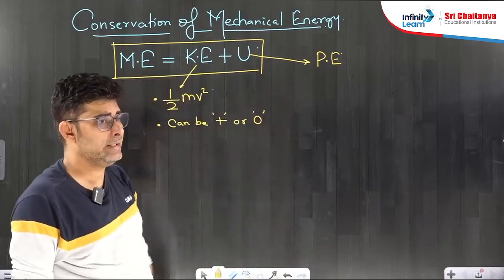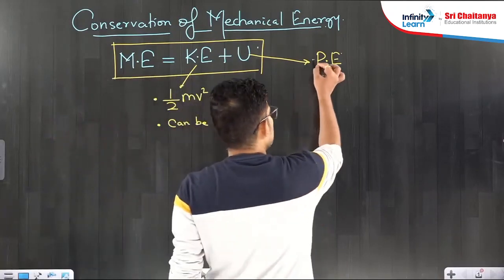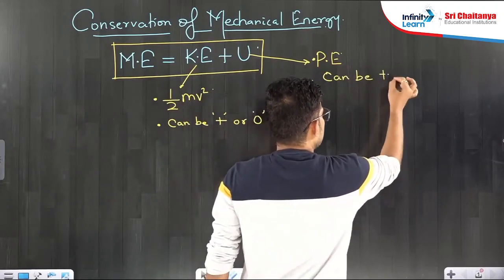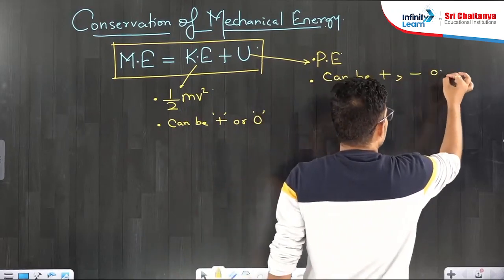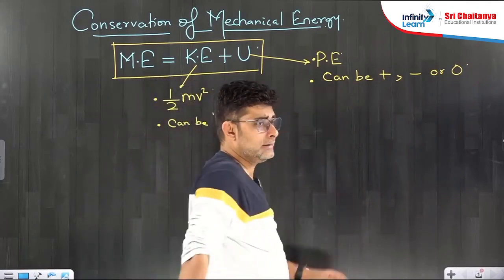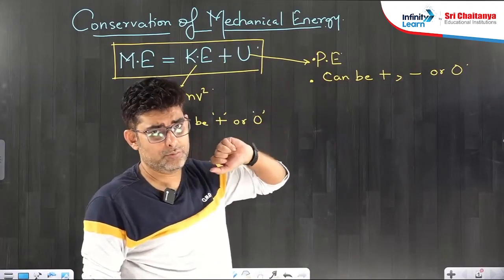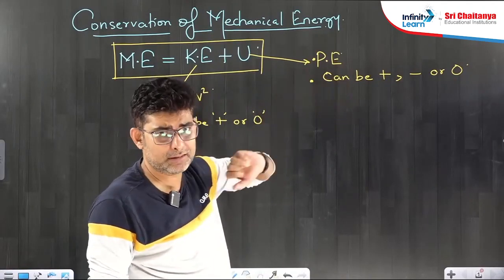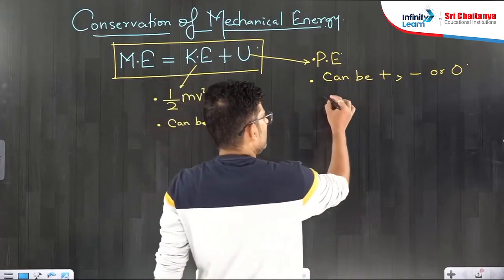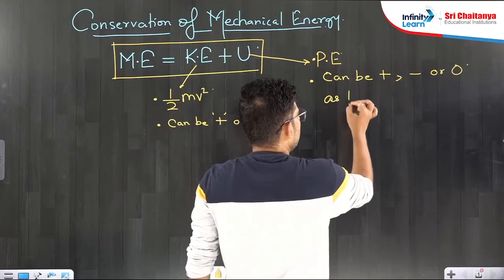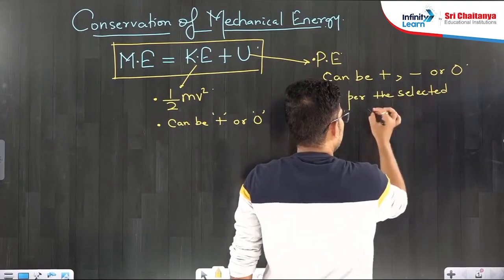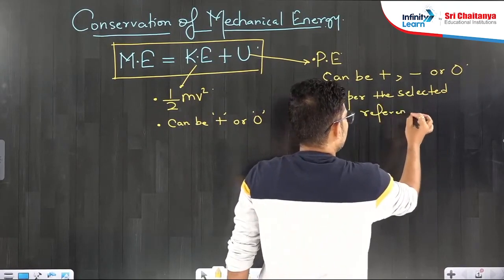Now this potential energy can be positive, negative, or 0, because this energy depends on the position of any body, particle, or system. It is an energy dependent on position, as per the selected reference point.